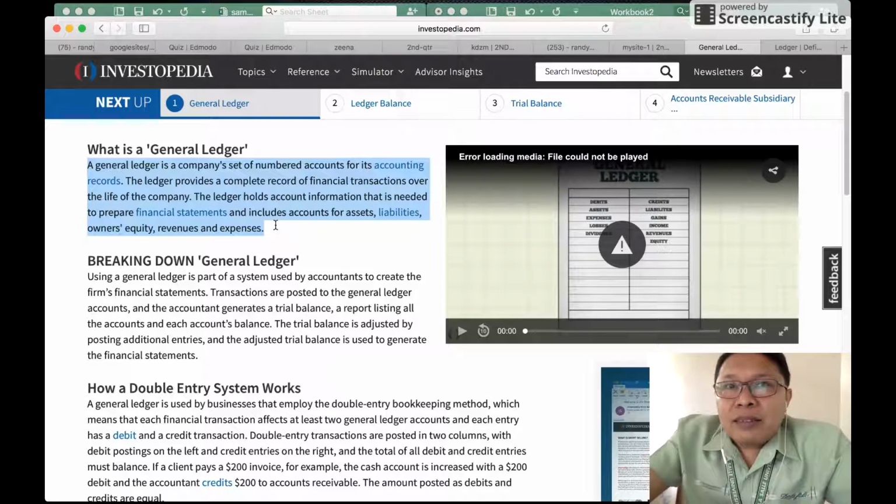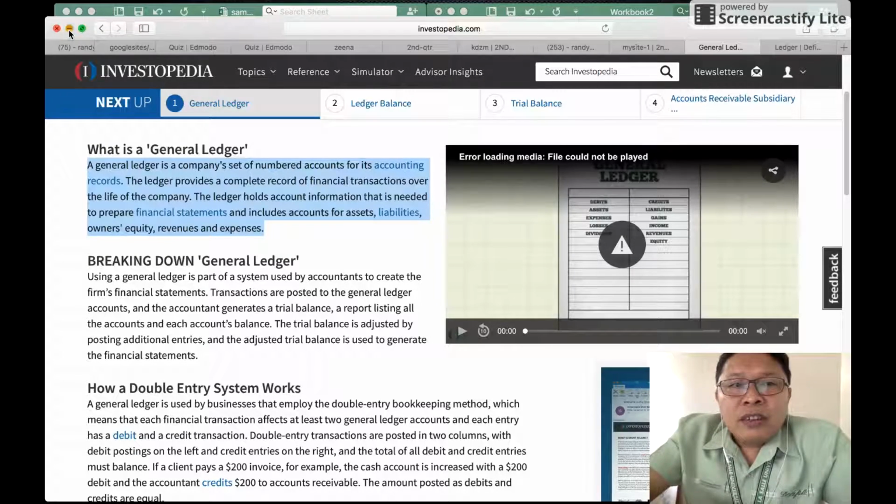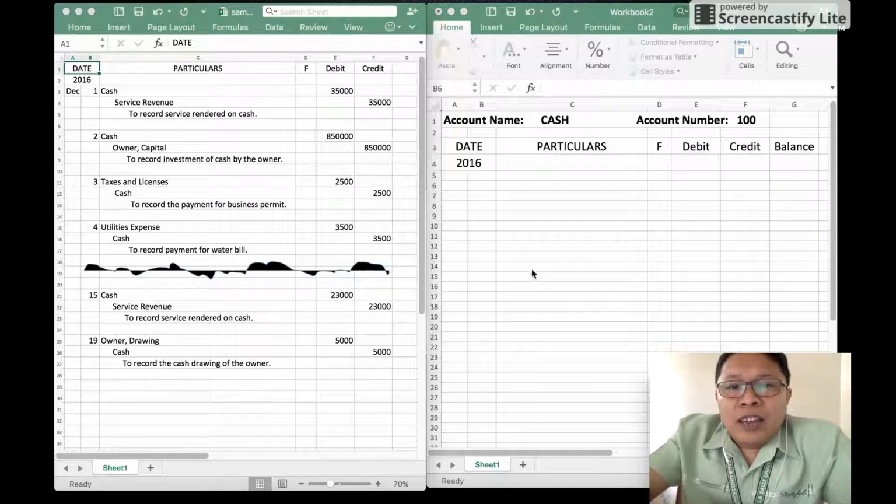It means that one account gets one ledger. Okay? So that is what we need to remember about a general ledger. Again, it's significant that we understand that the general ledger is otherwise known as the book of final entry.